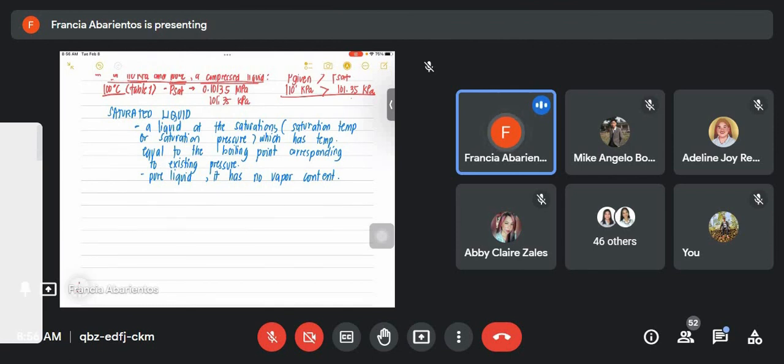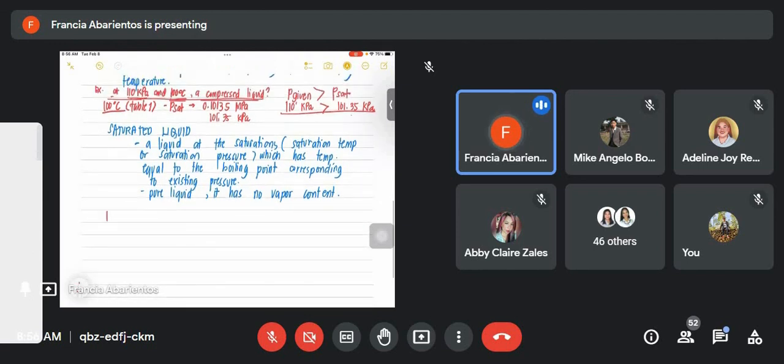So, for example, halimbawa, yung liquid water natin at 233.9 degrees Celsius and 3 megapascal.